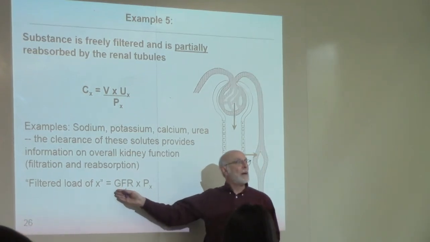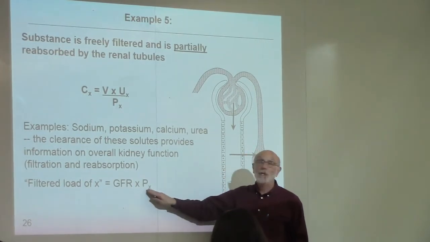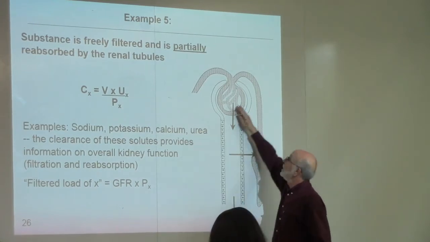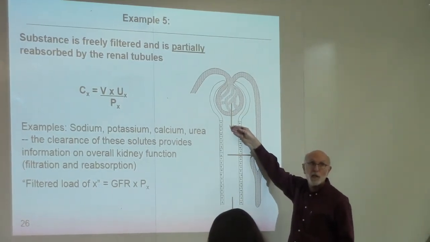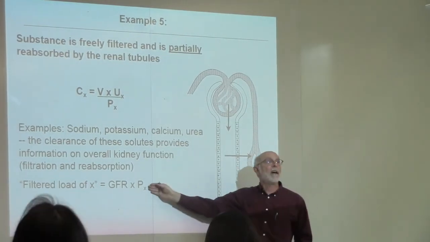We can also talk about a filtered load. If we know GFR, which is mL per minute of filtration, times the plasma concentration of that substance, the glomerular filtration rate times the concentration of the thing in the plasma gives us a filtered load.